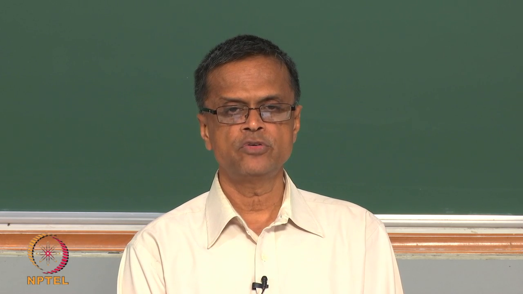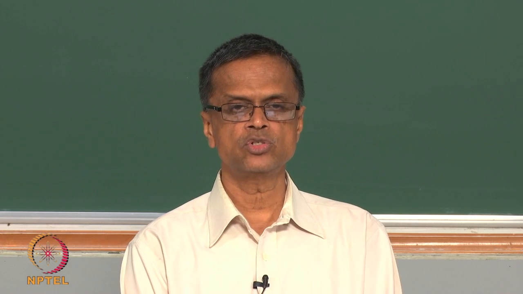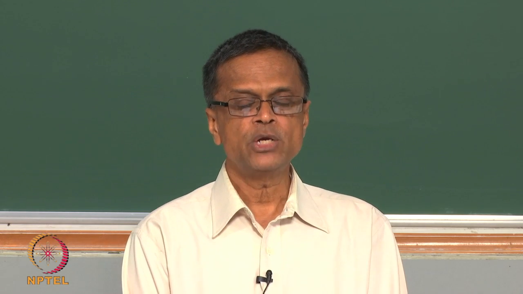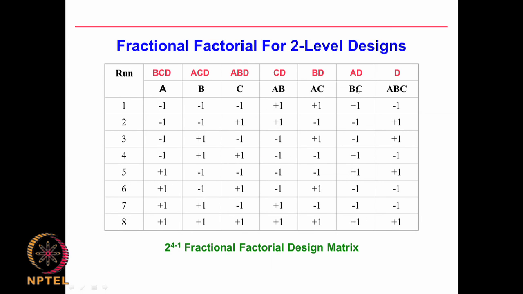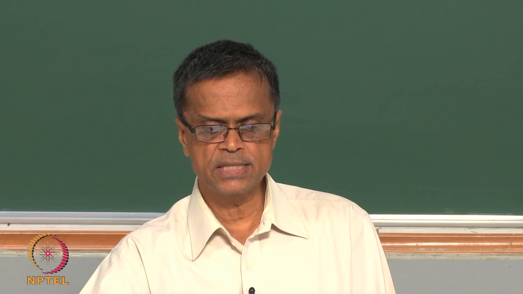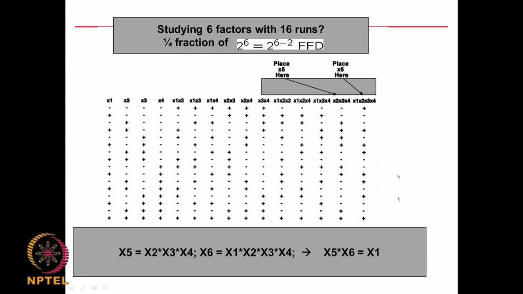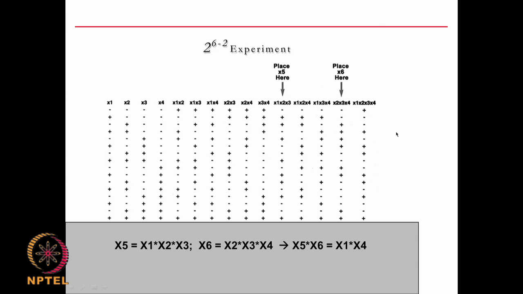So, x1 can confound with x2 into x3 into x4, but x1 should not confound with x2 x3. But 2 factor interactions can confound with each other, like here x5 into x6 can confound with x1 into x4, or in the other situation BC is confounding with AD, BD is confounding with AC, CD is confounding with AB. Okay, in this problem there was no choice, we could put D exactly here, whereas in this problem these 2 factors or 2 parameters could be put in any place because there is a lot of choice here. Do you understand? Okay.